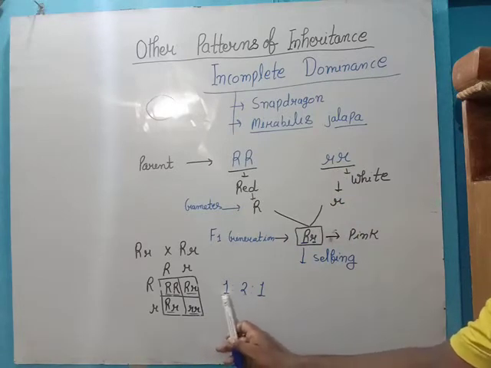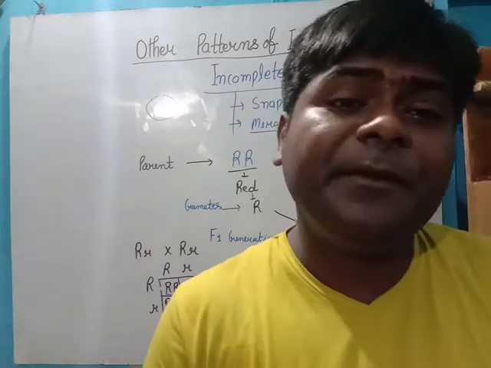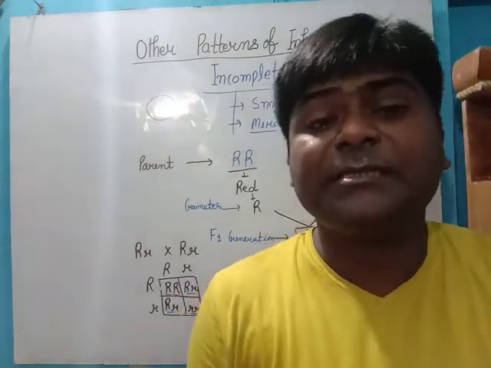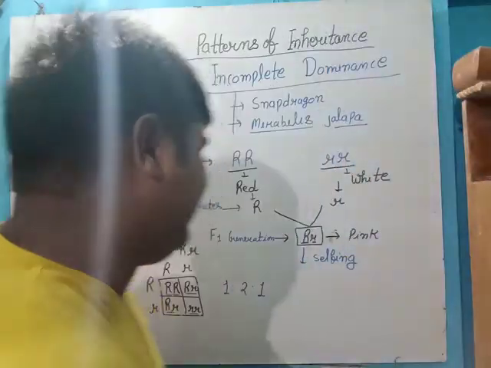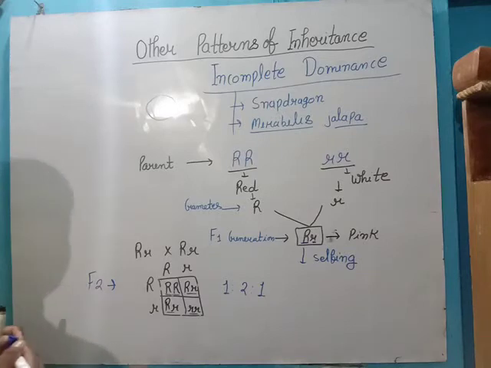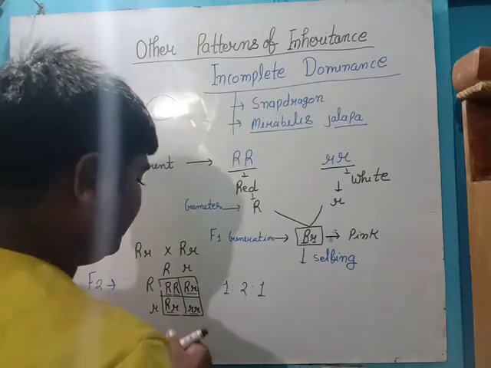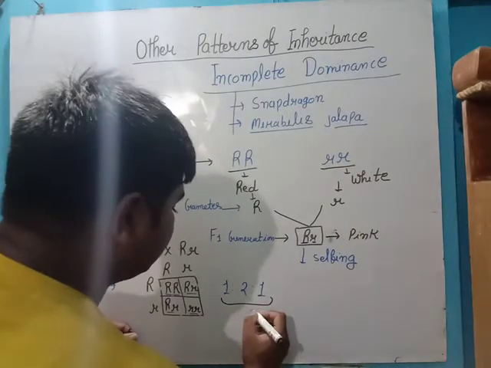It means 1:2:1. Genotypic ratio and phenotypic ratio are also the same. It is not changing in F2 generation also. What are we getting here in F2 generation? We are getting the same genotypic and phenotypic ratio.